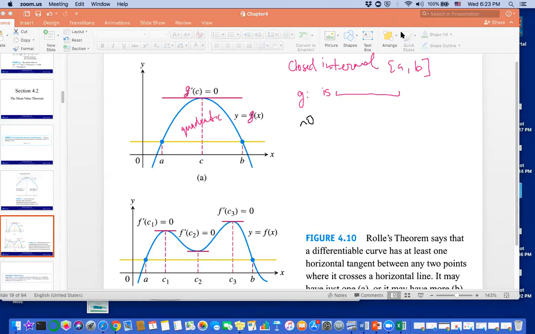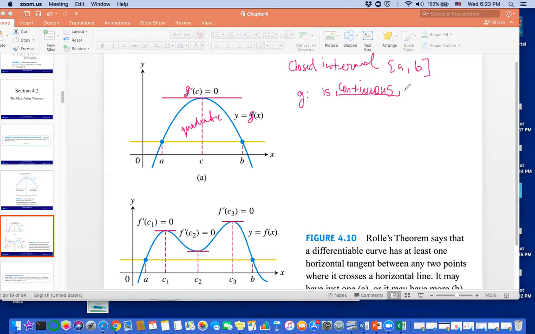Yes, it's continuous, absolutely. What else? What other words do you know that we've learned in this class?